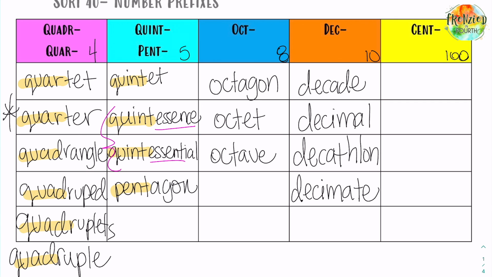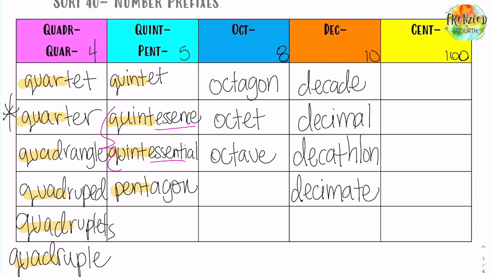Every time 10 years pass, it's a new decade. When 2020 happened, that was the beginning of a new decade. Decimal is every time there is a number higher than 10, it moves to the next place value, or the decimal can change.